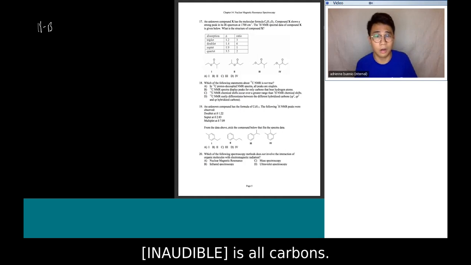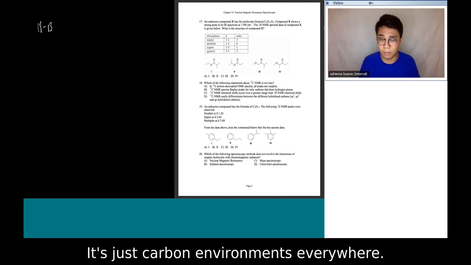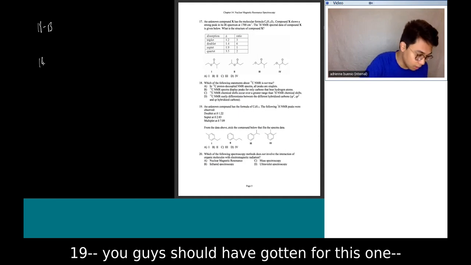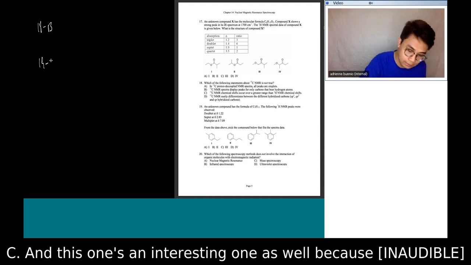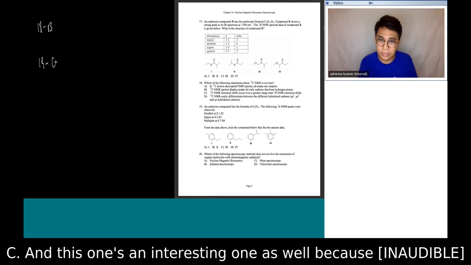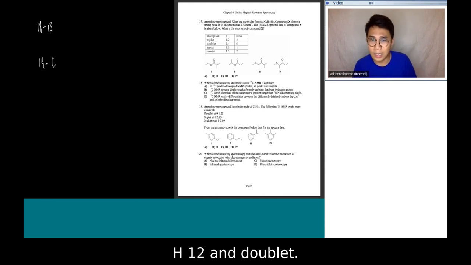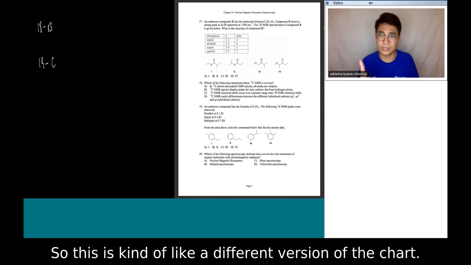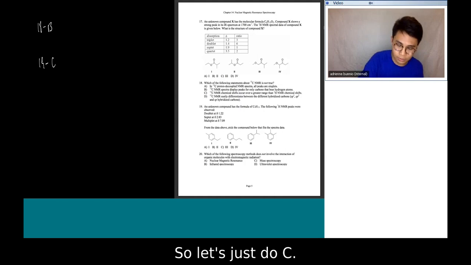CNMR is all carbons. It's just carbon environments everywhere. 19, you guys should have gone for this one, C. And this one's an interesting one as well because unknown formula C9H12 and doublet, and so this is kind of like a different version of the chart, right? So let's just do C.